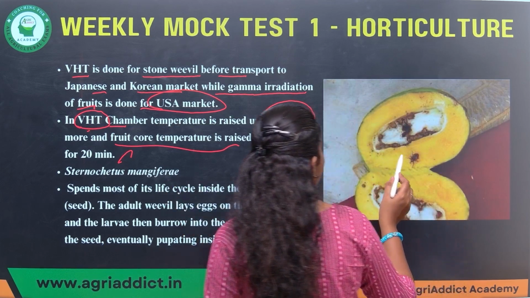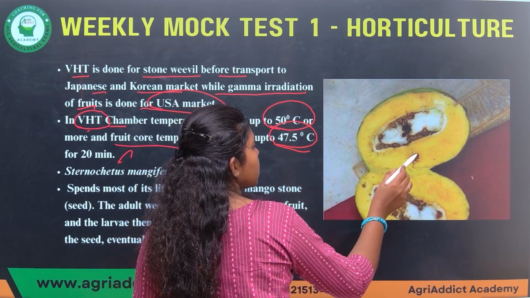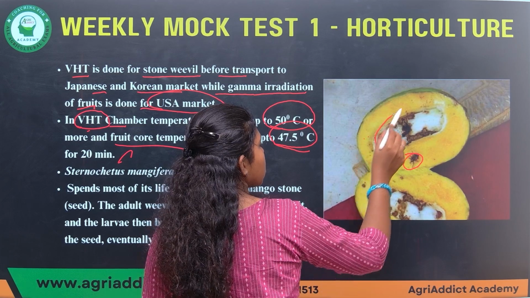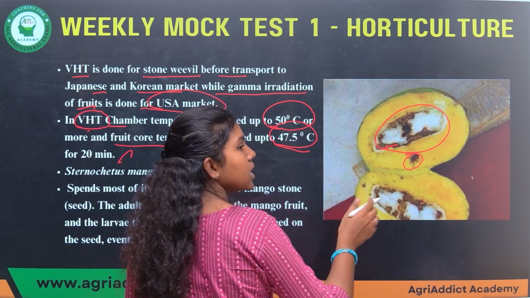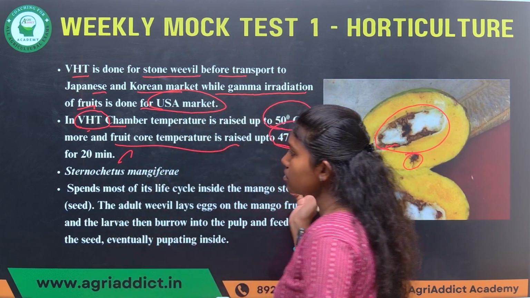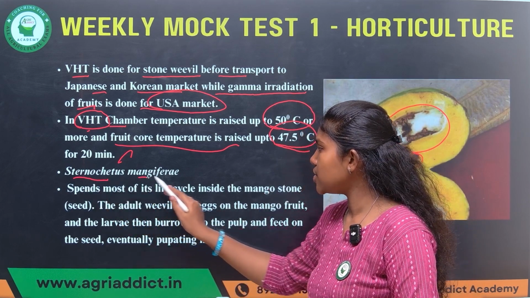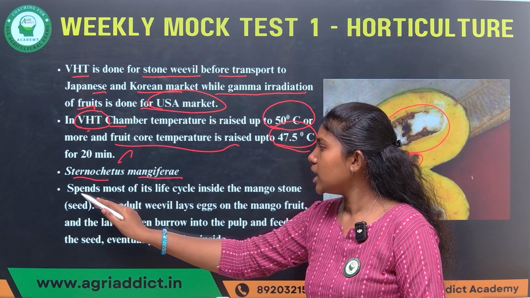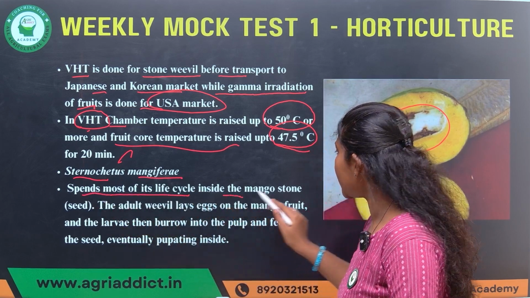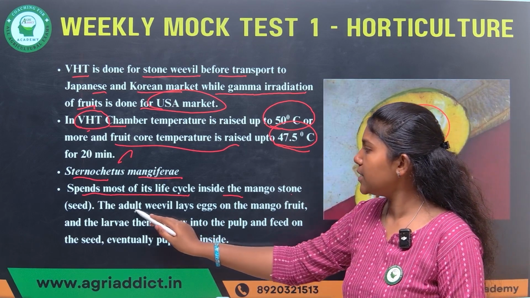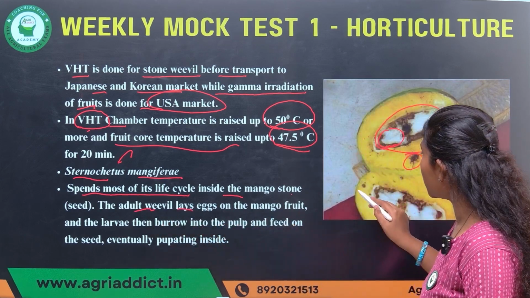This is the damage caused by stone weevil. Here, this is the weevil. It feeds on the mango pulp and mango stone and causes severe damage to the mango, making it unsuitable for export. The scientific name of stone weevil is Sternochetus mangiferae. As I mentioned, it spends most of its life cycle inside the mango stone, that is the seed. The adult weevil lays eggs on the mango fruit pulp.